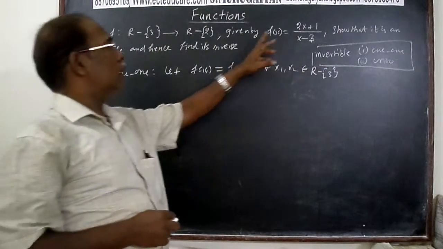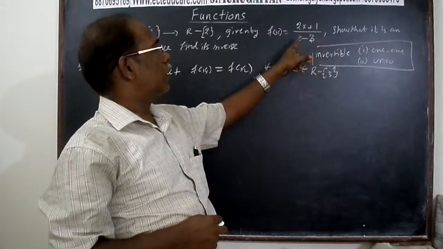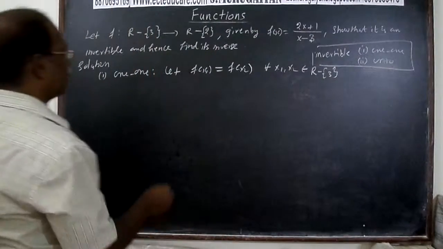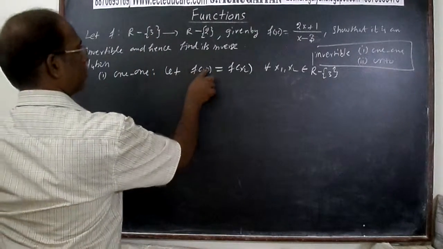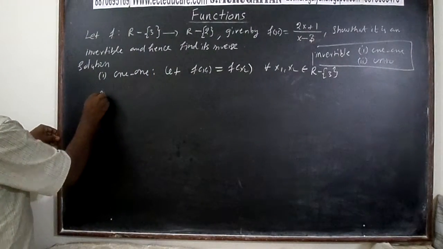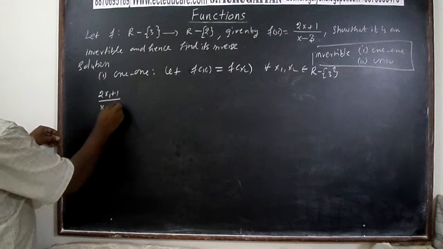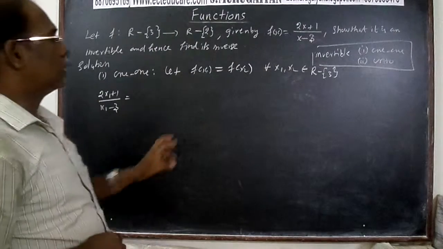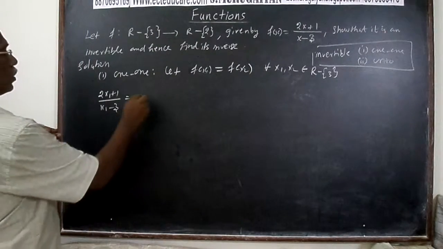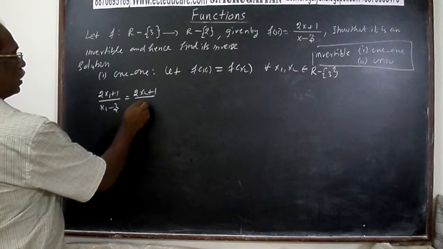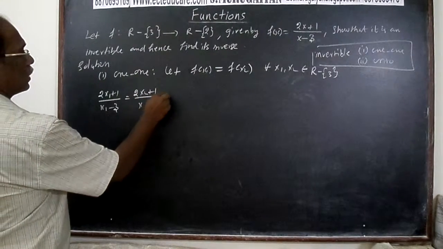It is given that (2x + 1)/(x - 3) is an image of the pre-image x. Then the image of x1 is (2x1 + 1)/(x1 - 3). The image of x2 is (2x2 + 1)/(x2 - 3).